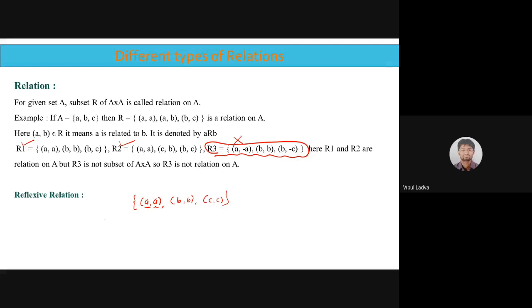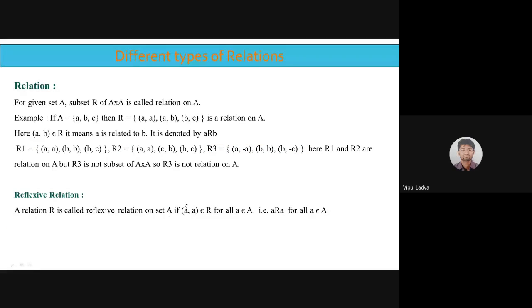But that property must be satisfied for each and every element of the set. उस सेट में जितने भी एलिमेंट हैं हर किसी के लिए वो प्रॉपर्टी सेटिस्फाई होनी चाहिए. क्या बोलना चाह रहा हूँ? Let me define that reflexive relation. Yes, a relation R is called a reflexive relation on set A if (A,A) belongs to R. That means each and every element is related with itself. Then that particular relation is known as a reflexive relation.